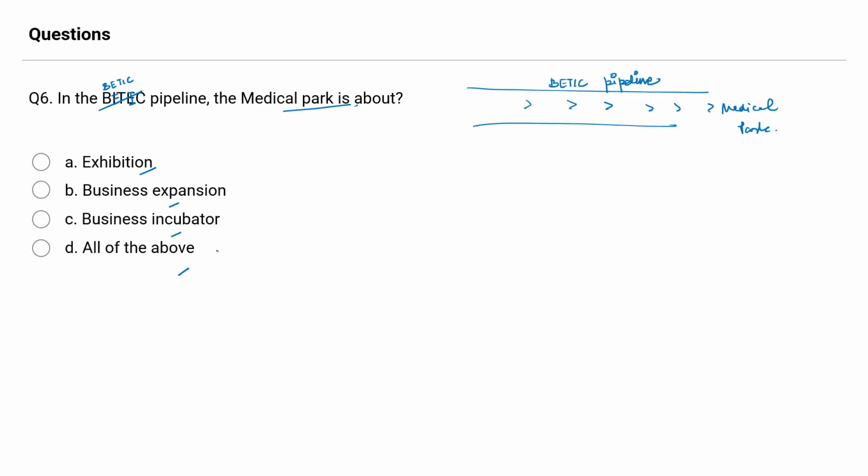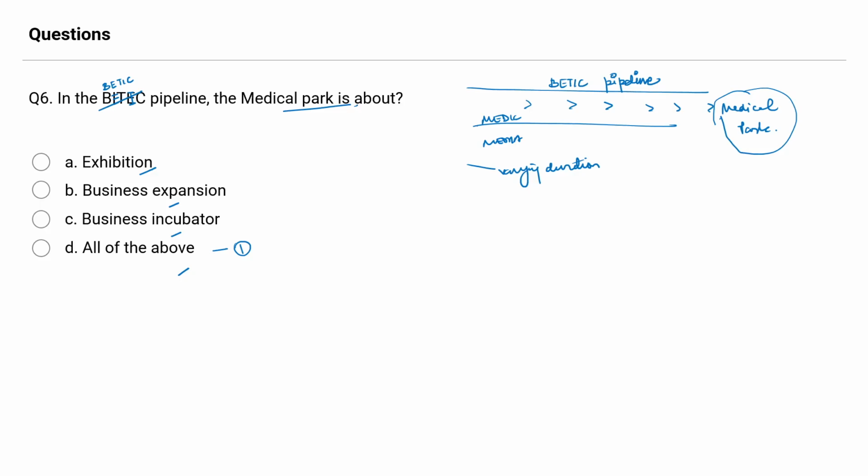One vote for option D. Okay. So, cosmetic, Medha, and programs like that, all having different durations, varying durations. And you have to tell us one of the offerings was the Medical Park. And what is it about? Is it about exhibitions?